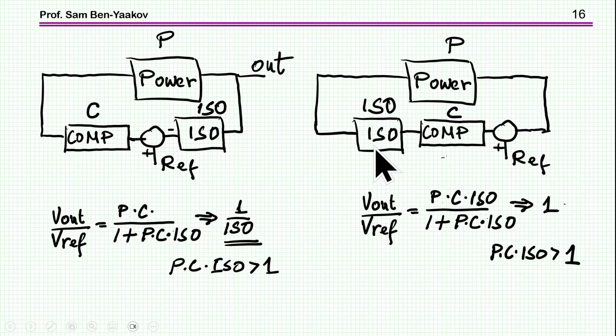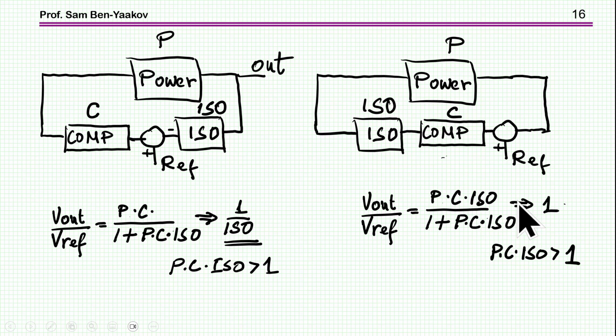Now the transfer function of this unit here, between the reference and the output, is the overall gain, this part and this part, divided by the loop gain. It is the loop gain. So when the loop gain is much larger than 1, the transfer function is 1.